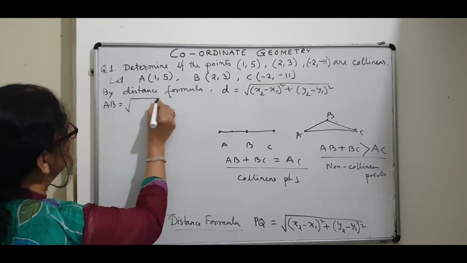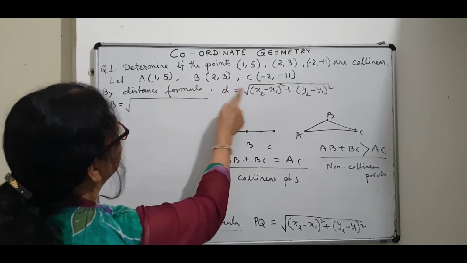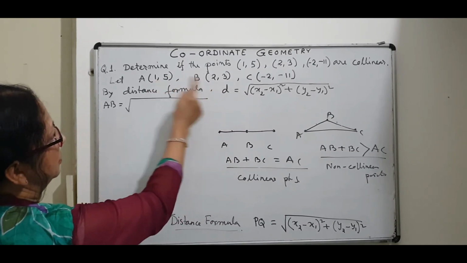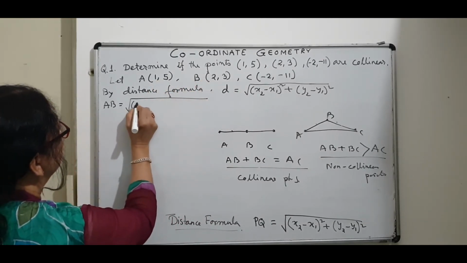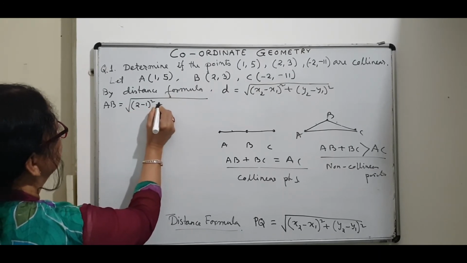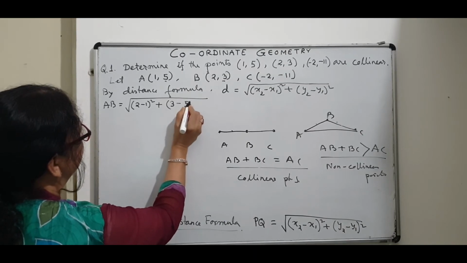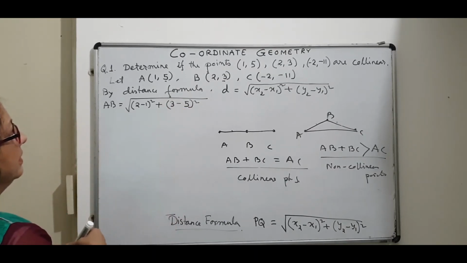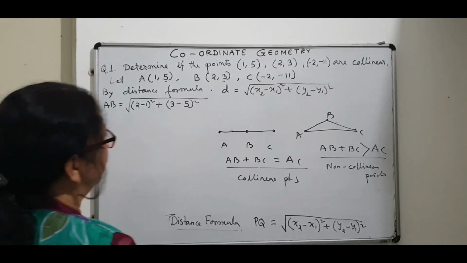So, what will be the AB formula? So, this is AB. Let me take this minus this. Okay, so 2 is x2, so this is x1. So, 2 minus 1 whole square plus now this 3 minus 5. The order should be the same. I am subtracting these coordinates from these coordinates. Okay, so this we can find out.